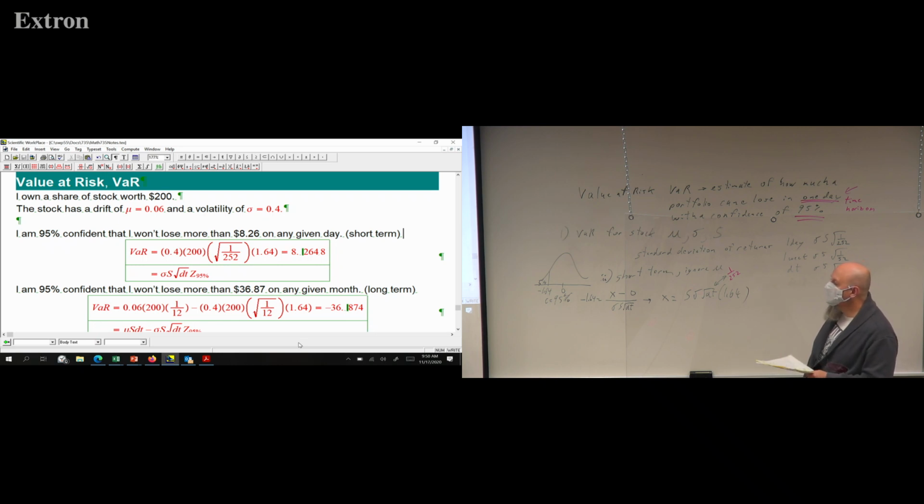I've got the sigma 0.4, the value of the stock, the 1 over root 252, that's for the dt, and the 1.64, that has the 95% in it. That's 1.64 standard deviations. And I get an answer of $8.26. So in other words, I'm 95% confident that you won't lose more than $8.26 on a day with this $200 stock.